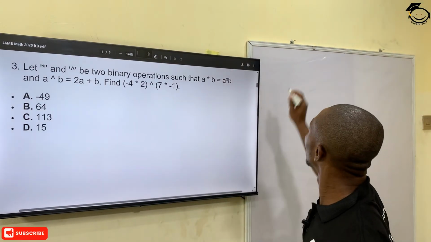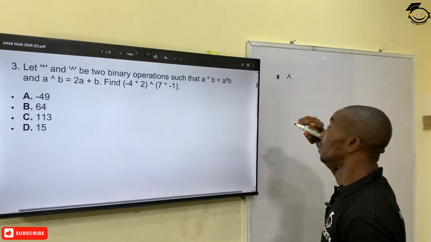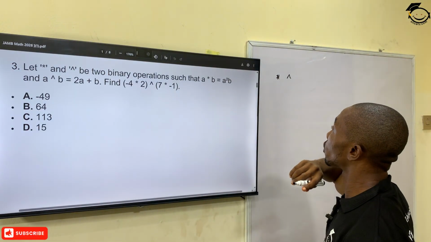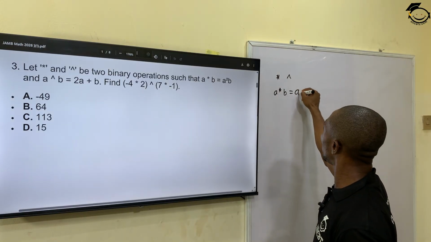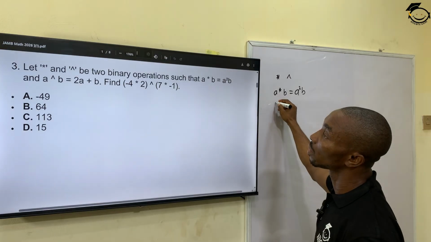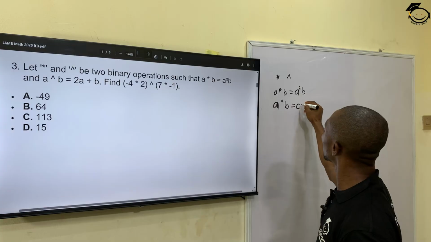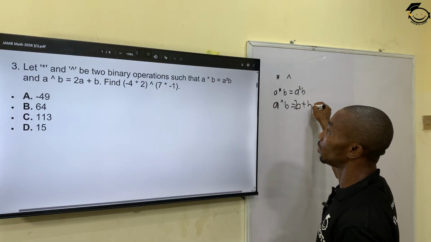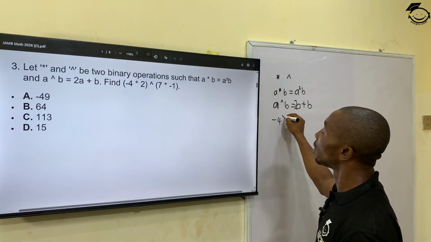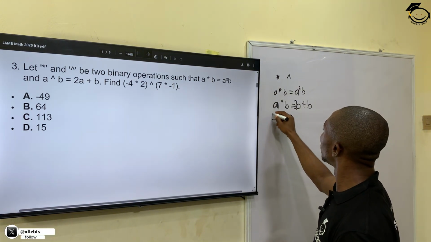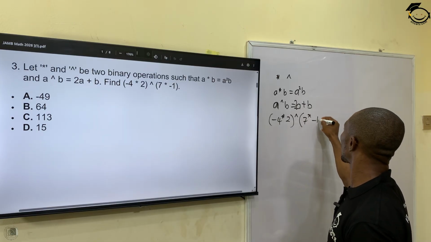Let star and this be 2 binary operations such that A star B equals A squared B and A, this, B equals 2A plus B. Now, they said we should find minus 4 star 2, this, 7 star minus 1.